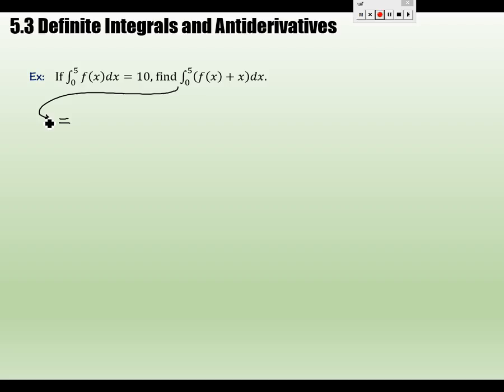The sum property states that the integral from 0 to 5 of f of x plus the integral from 0 to 5 of x is equal to... so we already know that the left integral is equal to 10. And the right integral is basically a right triangle. If you think about the graph of x, it's just like half the square. Half of the square of length 5 is 25 root 2. 25 root 2.